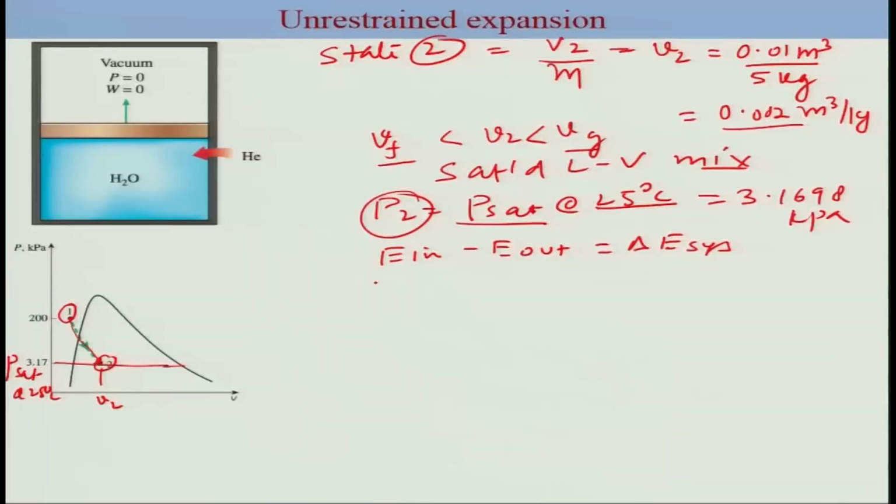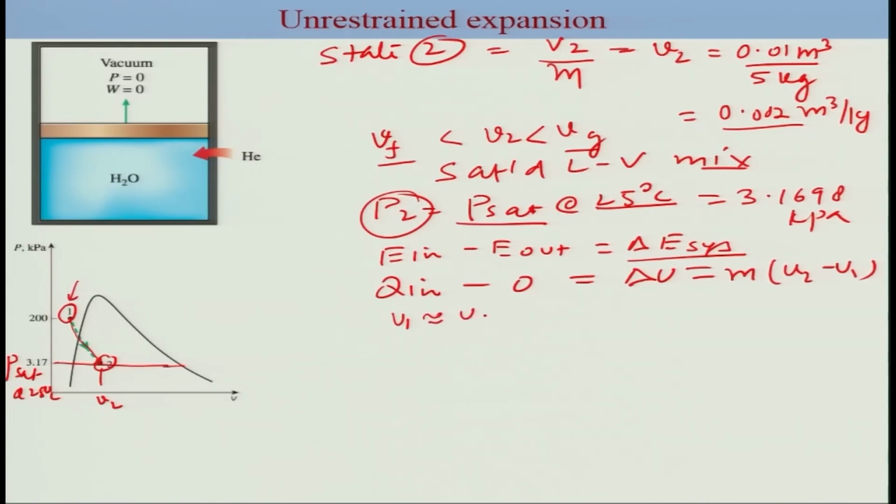So you have Q in minus 0, and whatever change is occurring in the system's internal energy, considering the kinetic energy and the potential energy are 0. This can be written as m times (u2 minus u1). We are going to approximate u1, because u1 is in the compressed state, as uf at 25 degrees Celsius.